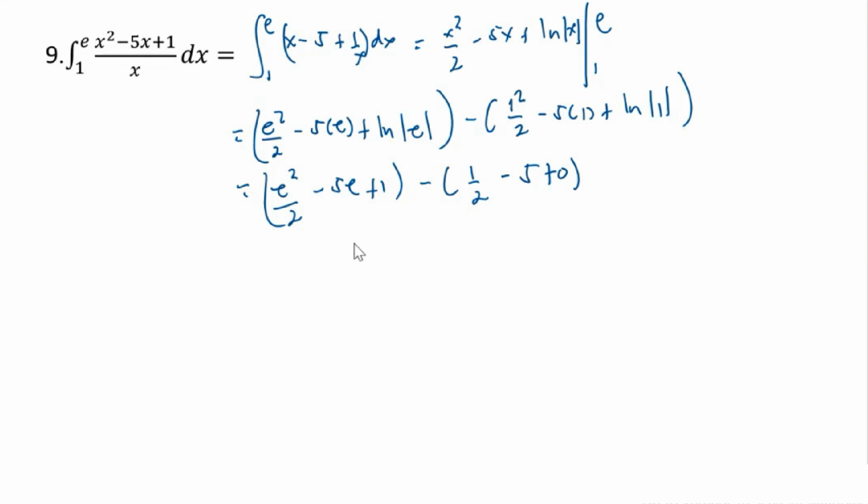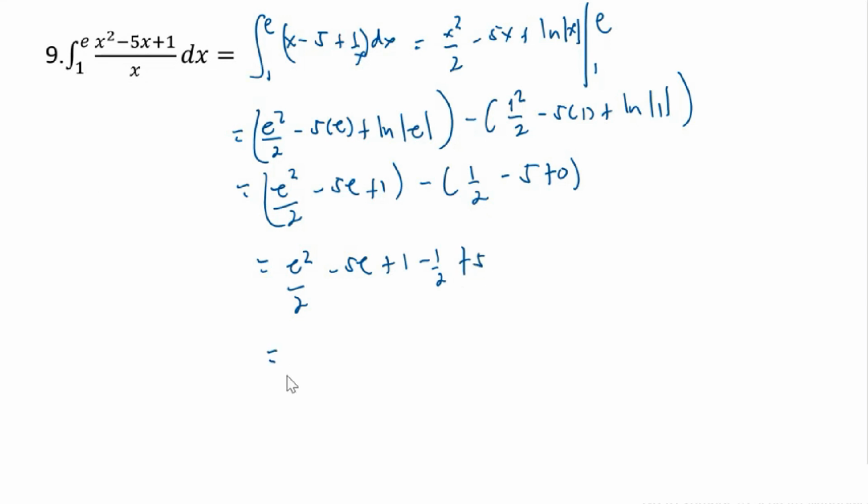Now I'm going to combine like terms, including the f of b minus f of a. We have now e squared over 2 minus 5e plus 1. Negative times 1 half is negative 1 half. Negative times negative 5 is positive 5.